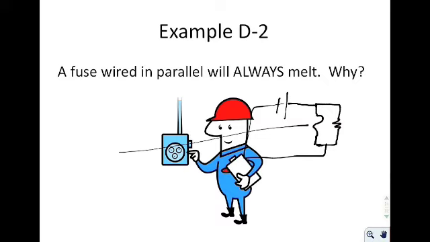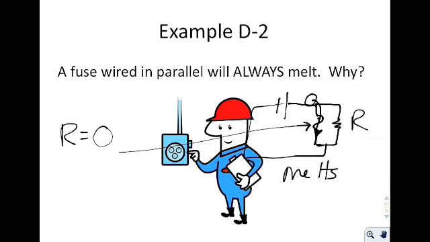Remember that a fuse has a resistance of 0, and this is a resistor. So because of that, all of the charge is going to travel through here. The more charge that travels through the fuse, the hotter it's going to get. The hotter that it gets, it melts. And that's just a little bit of foreshadowing on the fact that you have this relationship between voltage and current and resistance that we will examine later.